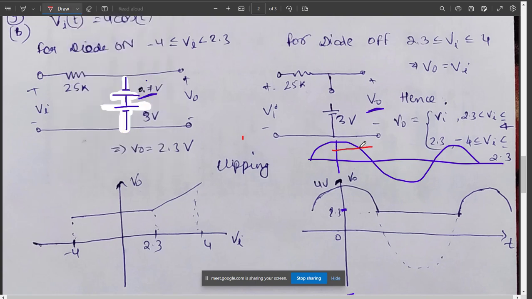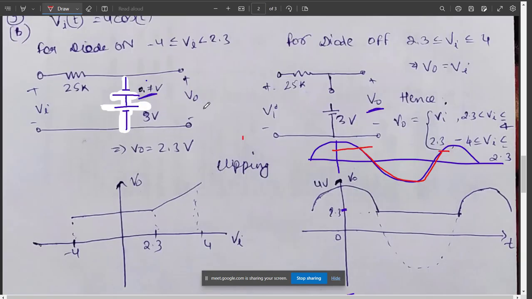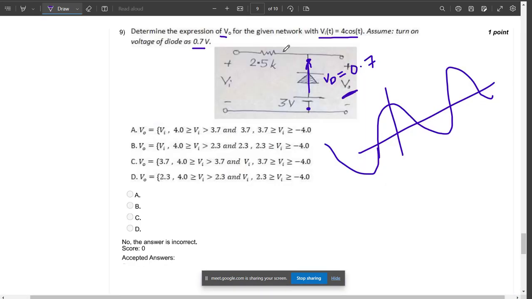So from 2.3 to -4, and then again to +2.3, our diode is in forward biased, right? Forward biased, and it has a potential drop of 0.7. So VO is 2.3. When it is in positive half cycle, that is above 2.3, then the diode is in reverse bias.